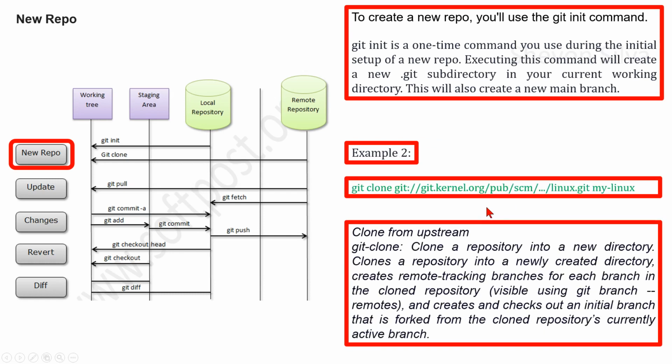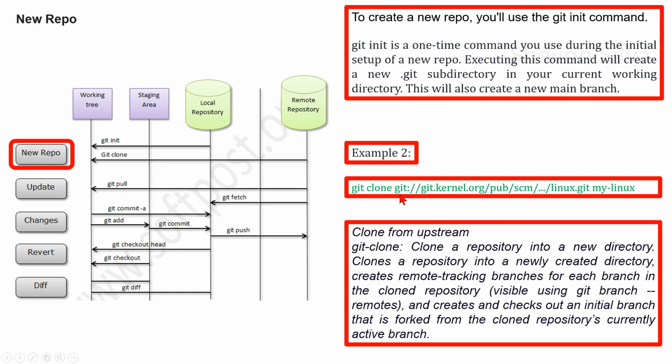As an example too, we can consider this. Clone from upstream. Git clone clones a repository into a newly created directory.